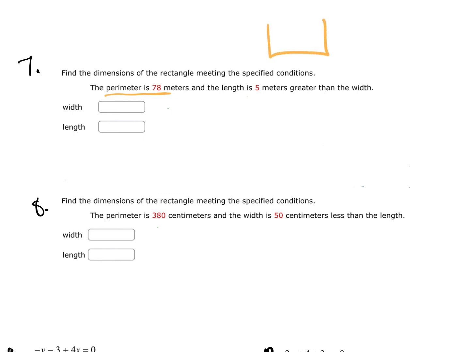Let's find a rectangle here. If we had our width and our length, if we walked around the perimeter of our rectangle, we'd walk around 2L plus 2W. So that is our perimeter equation.